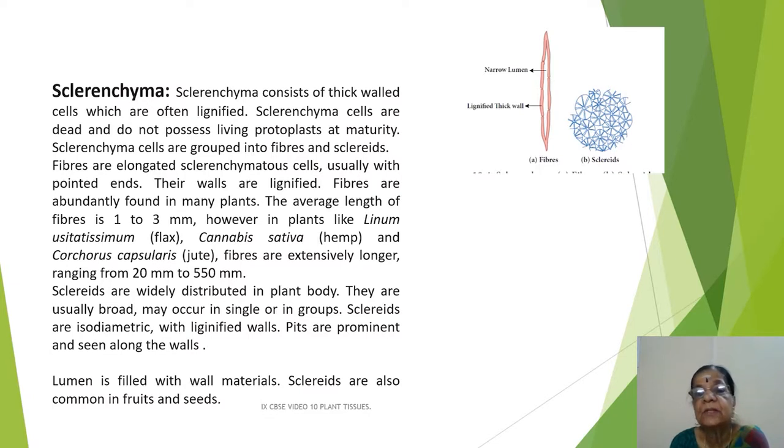Now, what are fibers? They are elongated sclerenchymatous cells, usually with pointed ends. There is a diagram there. And then the center portion is called the narrow lumen cavity, right? Then their walls are lignified. Lignified means they are deposited with ligninous cell wall materials. Right? And then just ignore the average length, we do not need it now.